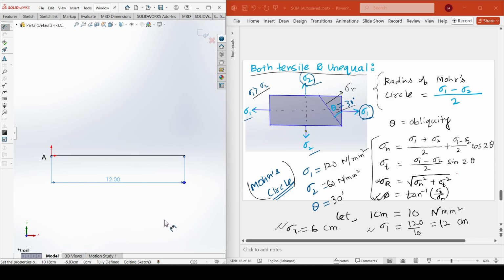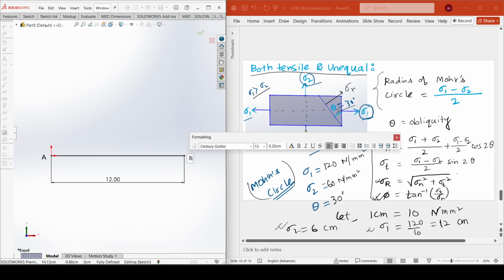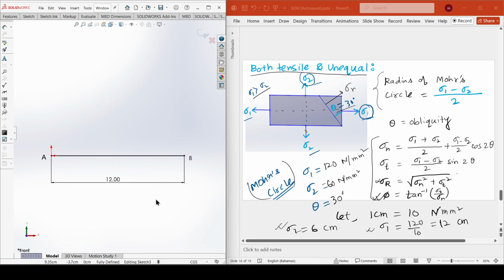Let us give a name: suppose this point here is B, capital B. After that, you draw a 6 centimeter line from that point A. You can draw it very easily.